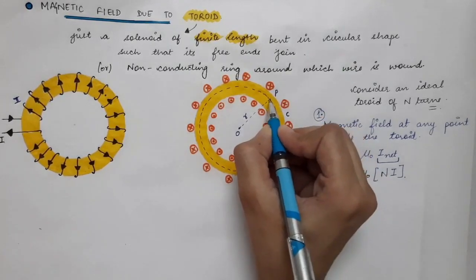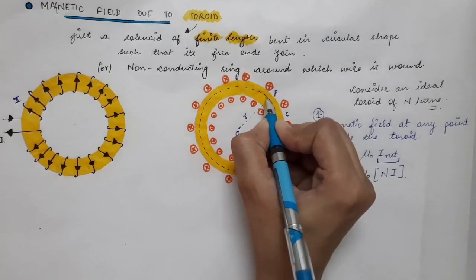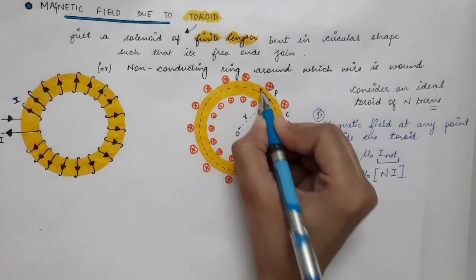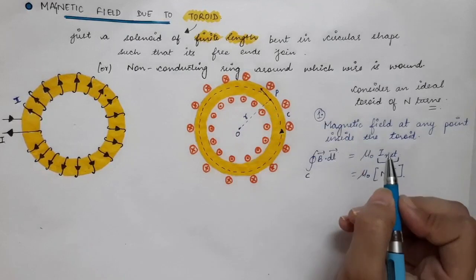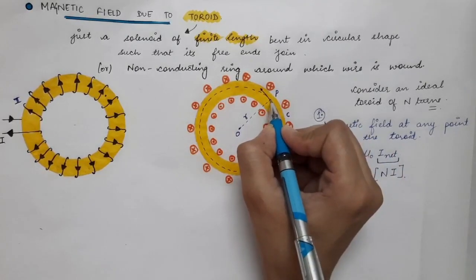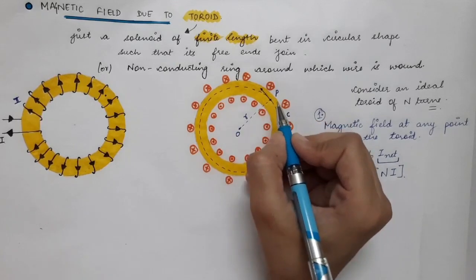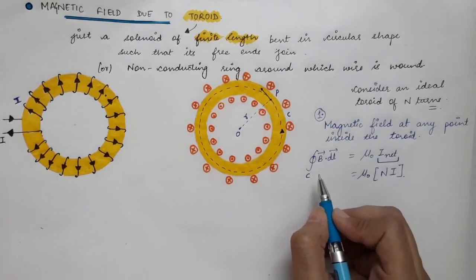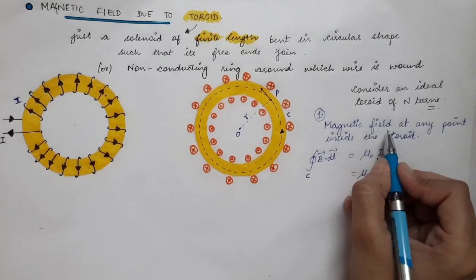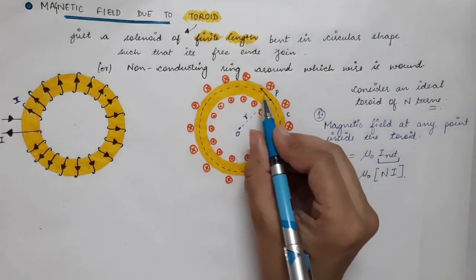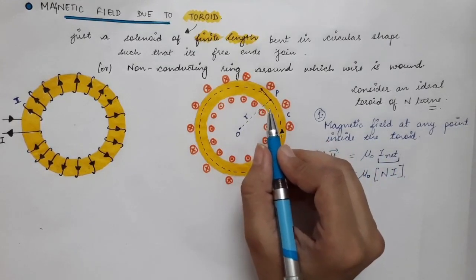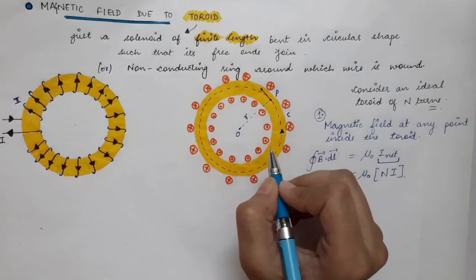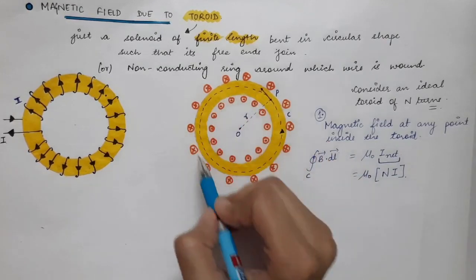So at this point P, the magnetic field will be tangential to this circular path, as well as the dl vector, the length element, will also be directed in this direction. So for the case of toroid, if you are finding magnetic field inside the toroid, the magnetic field and the length element are directed in the same direction if you are taking a circular path.